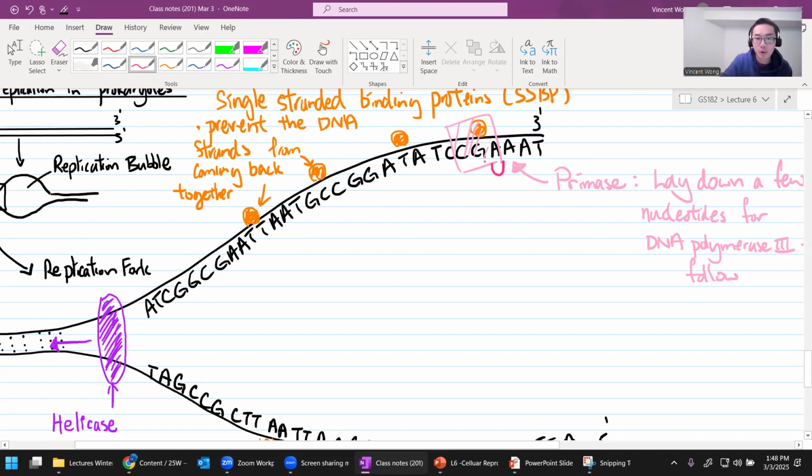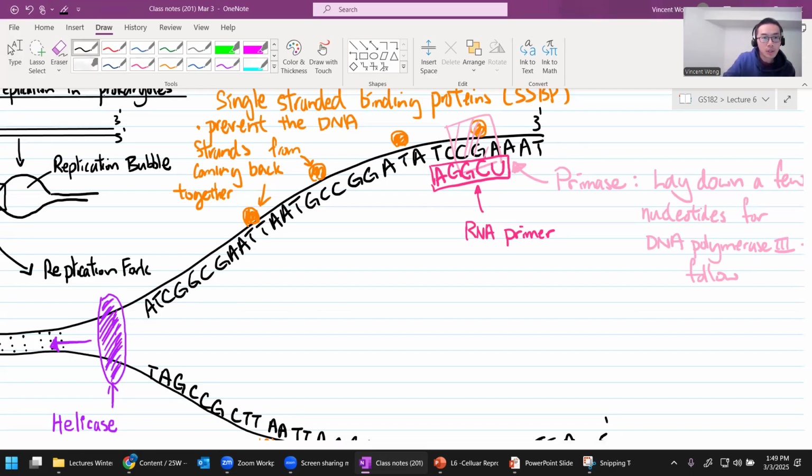And then G will go with C, C will go with G, G, A. And it's just going to do a few of them. So this little bit of a starting nucleotide here consists of RNA. This is called an RNA primer. It's the nucleotides that are laid down by the primase.